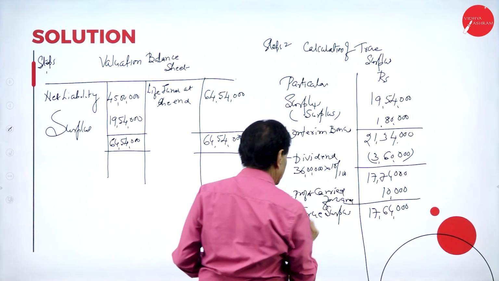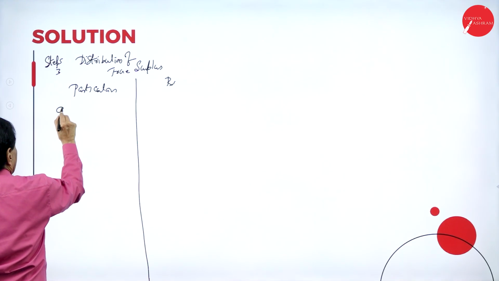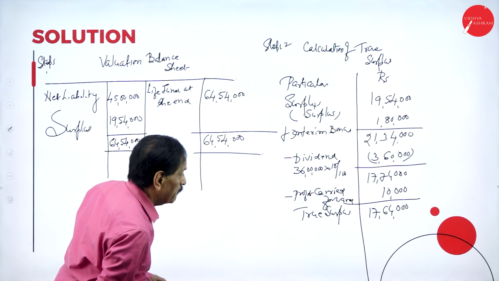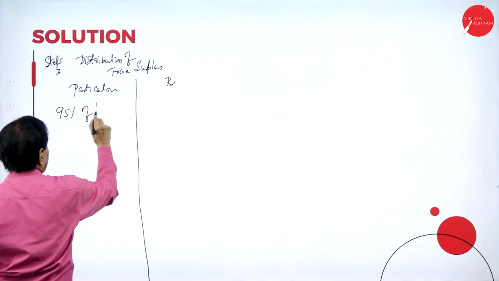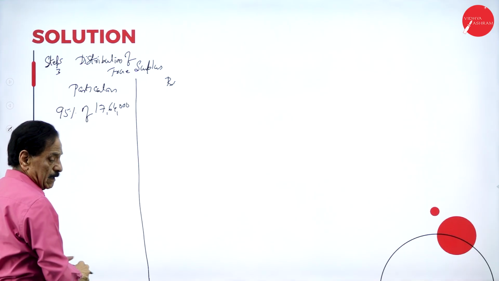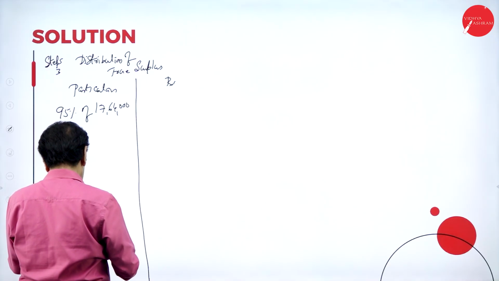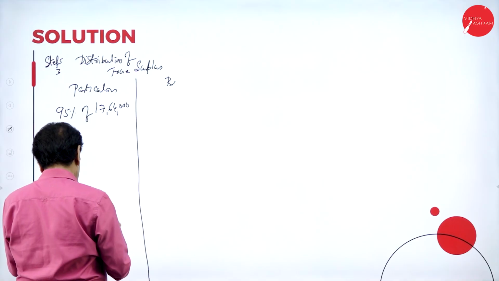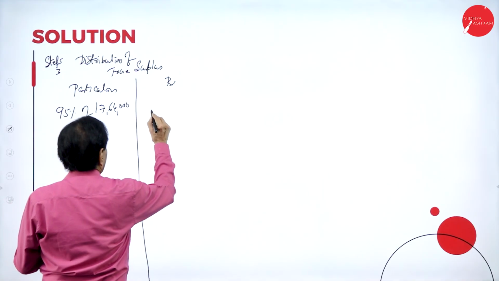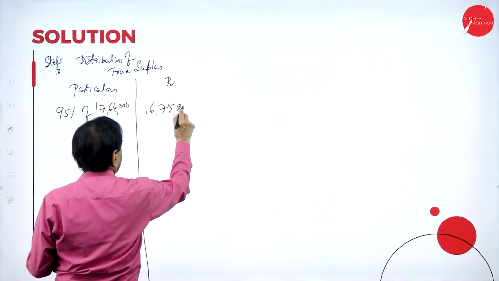How much? 17 lakh 64,000. 95% of 17 lakh 64,000. 17 lakh 64,000 into 95 divided by 100, 16 lakh 75,800.